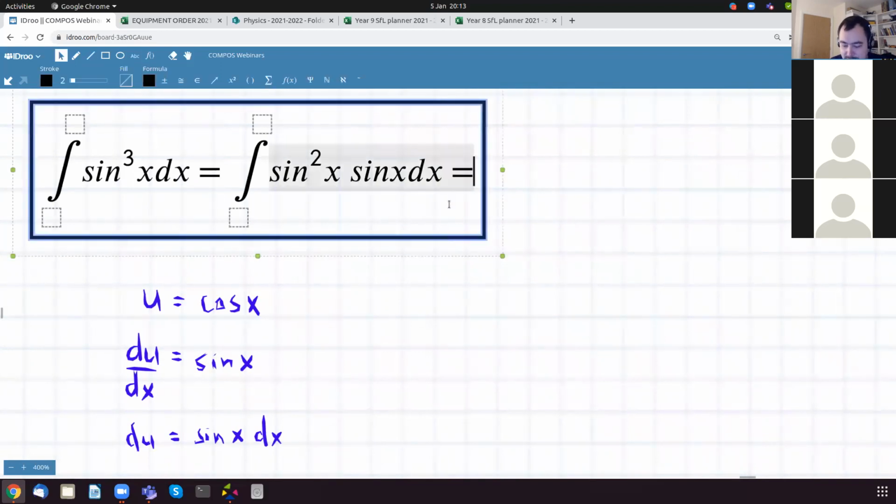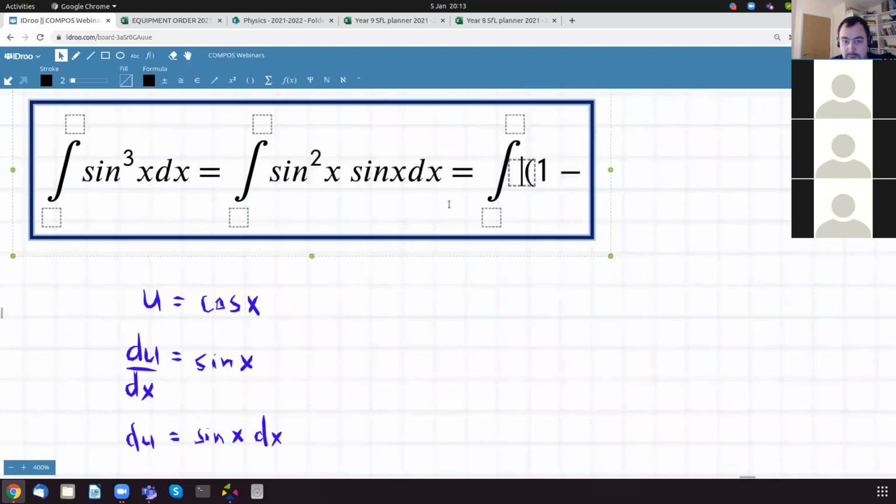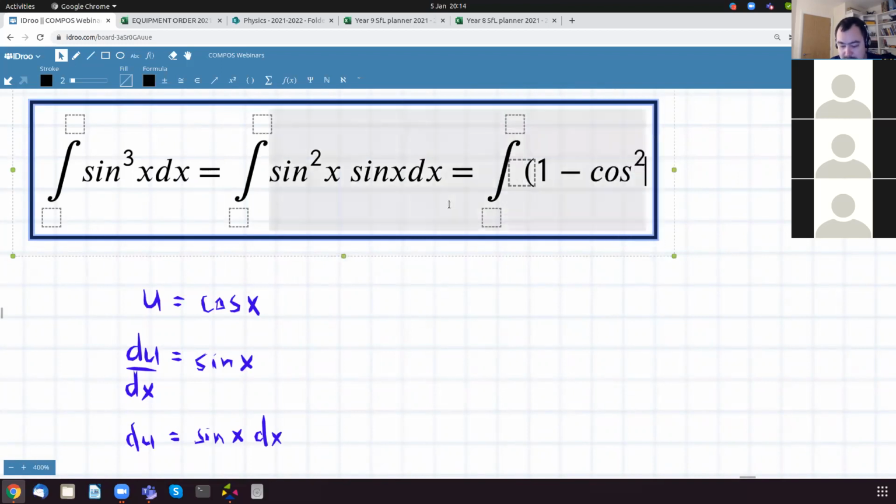So we write the integral of 1 minus cos squared x sine x dx.